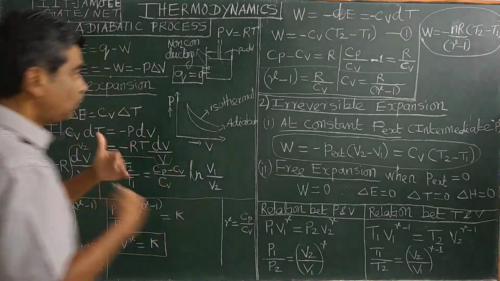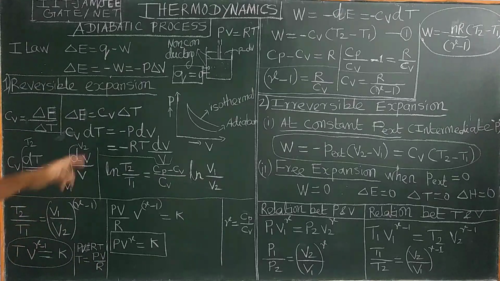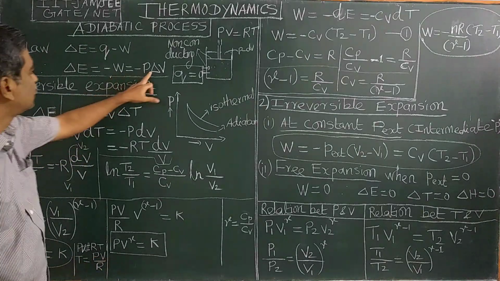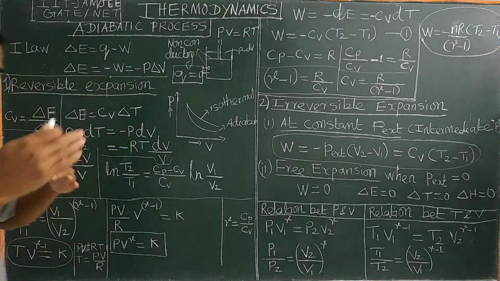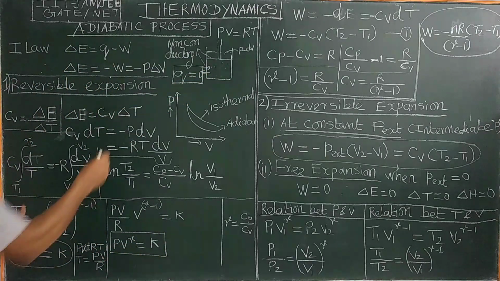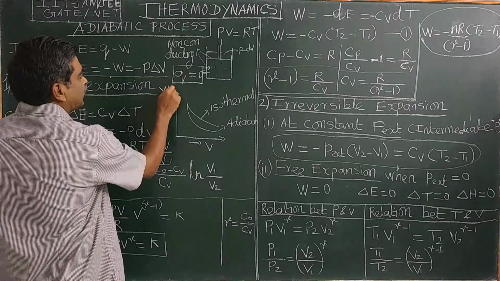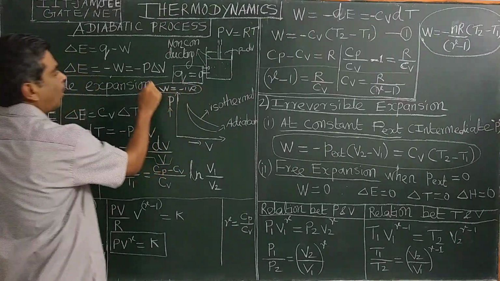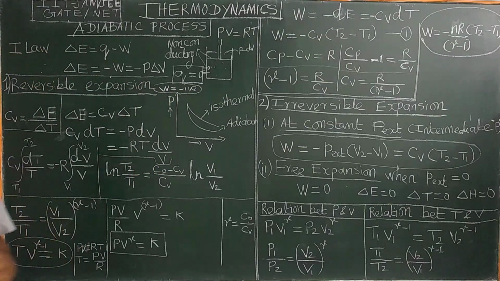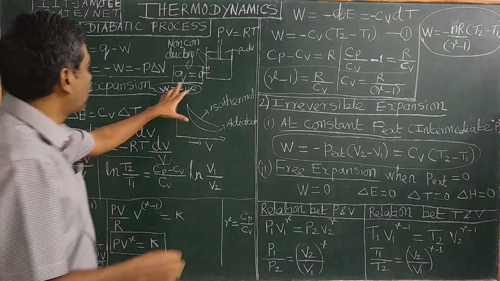It will do some work, P delta V. That is the work done by the system. In the case of expansion, the work is done by the system. Therefore, work is negative. In the case of compression, work is done on the system. Then by convention, work W is positive.